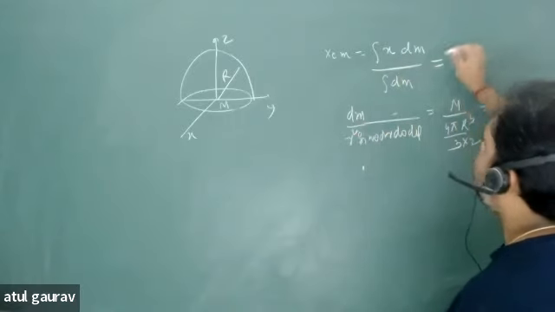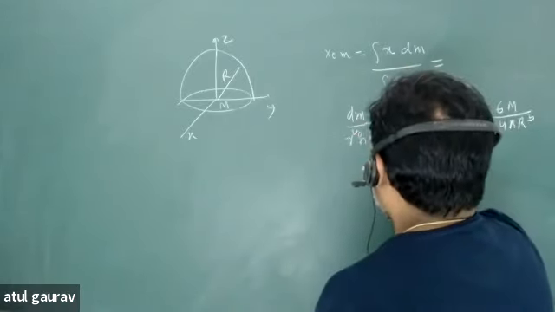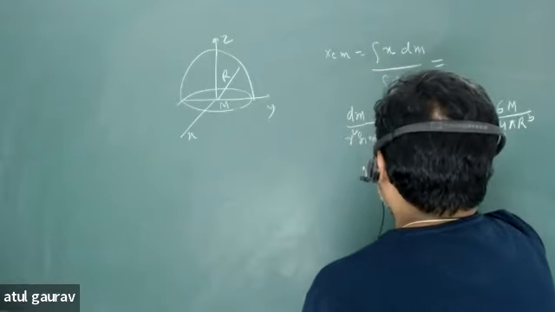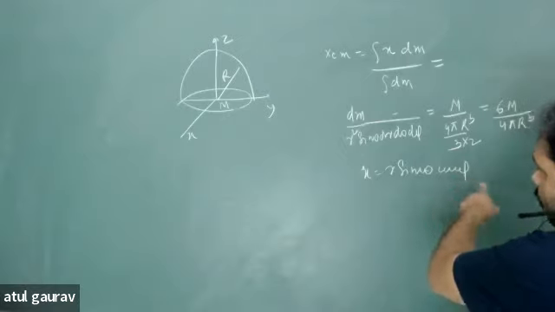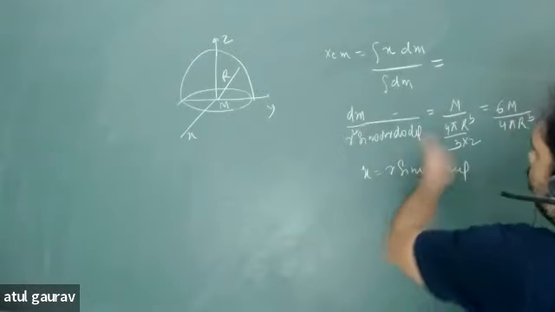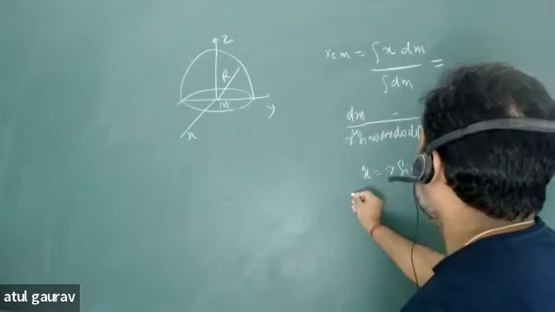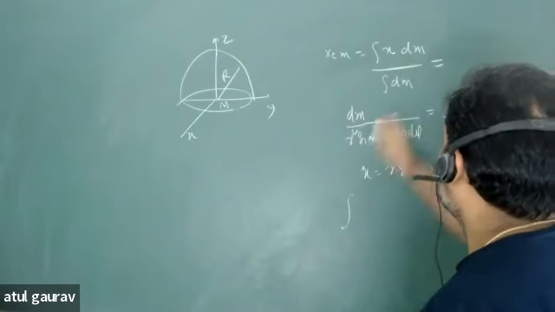And what is your x? What will be the value of x? R sin theta cos phi. So when you go for r sin theta cos phi, we can directly use it. Now look here. What will happen for the first term?